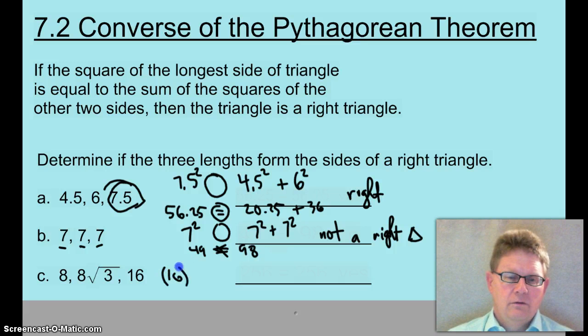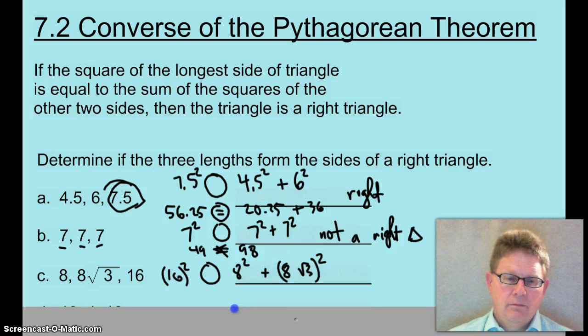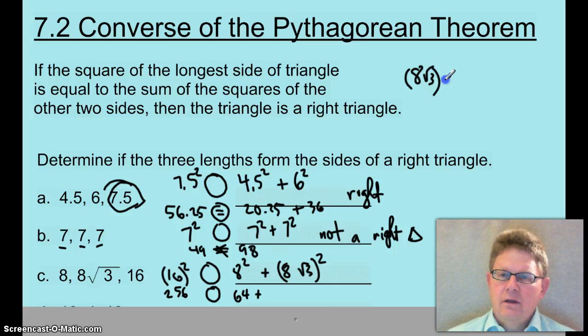16 squared compared with 8 squared plus 8 radical 3 squared. 16 squared is 256. 8 squared is 64. 8 radical 3 squared means 8 radical 3 times 8 radical 3.